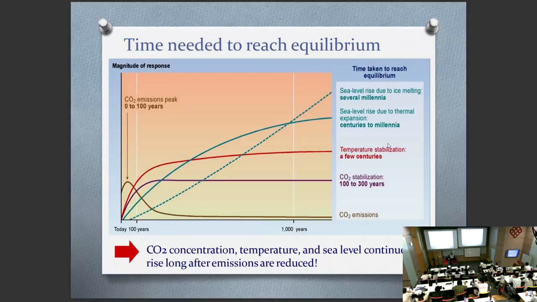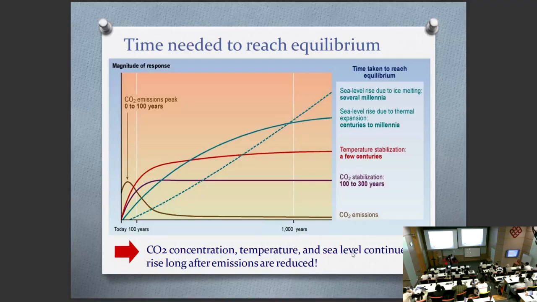The ocean is a sink, and the forests and vegetation are sinks of carbon dioxide, and it takes a long time. So the concentration of carbon dioxide, temperature, and sea level will continue to rise long after the emissions are reduced. It takes a long time for the sinks to absorb the carbon dioxide.